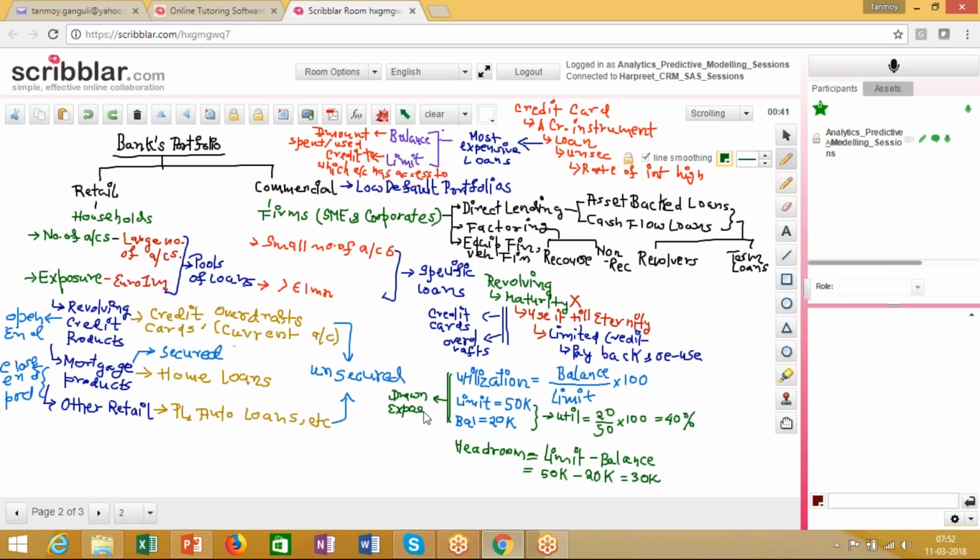And the headroom gives us an idea about the undrawn exposure to which the bank might be exposed. Undrawn exposure.